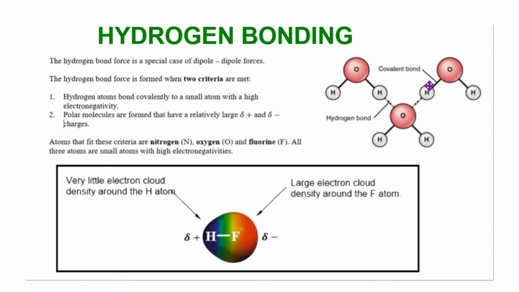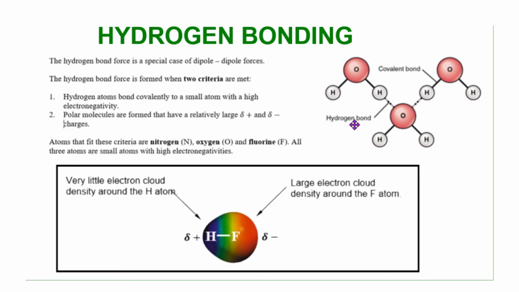So most of the electron cloud density is around the oxygen, and there's very little left around the hydrogen. And so it's almost just a proton by the hydrogen, and that is very attracted to the slightly negative oxygen in the next molecule, and that forms a stronger hydrogen bond. So it's much stronger than a normal dipole-dipole.